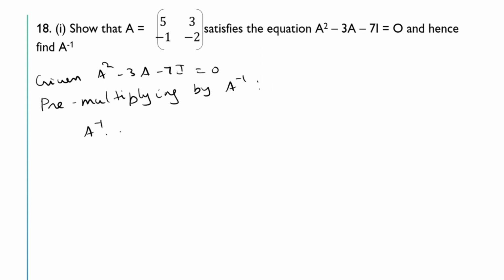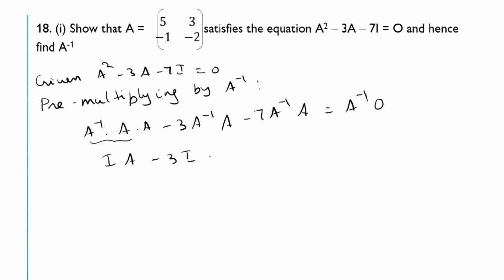So we get A inverse into A square minus 3 into A inverse into A minus 7 A inverse into I is equal to A inverse into O. So here this will be I. So I into A minus 3I minus 7 A inverse is equal to O. Or we have 7 A inverse is equal to A minus 3I.